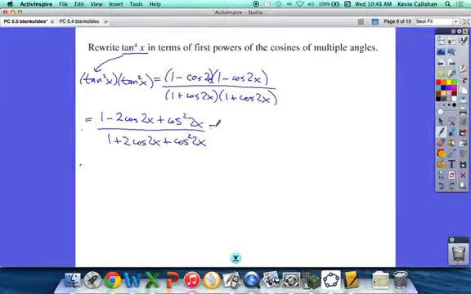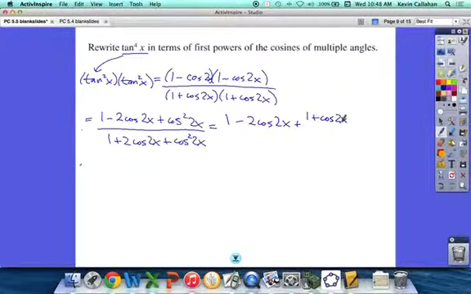So this will be 1 minus 2 cosine of 2x. Then this last one is 1 plus the cosine of... when you take a cosine squared and put it into this formula, it's going to double that angle. So if that starts as a u, it ends up as a 2u.